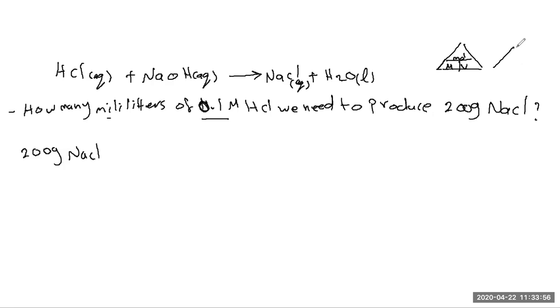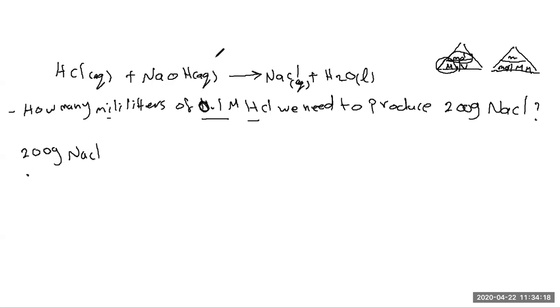And don't forget also the second relation: mole equals mass divided by molar mass. So to calculate the volume, we need the mole and molarity. We don't have the mole of HCl, but we have the mass of NaCl.